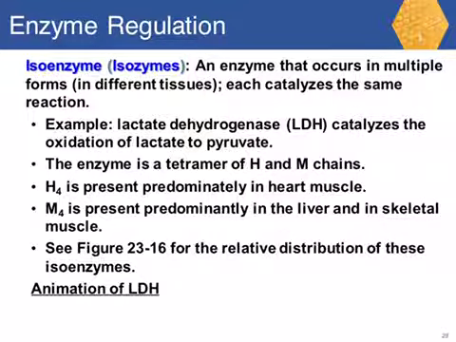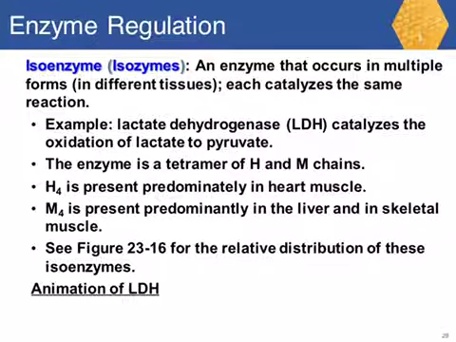Isoenzyme, iso means same, so they're also referred to as isozymes, and this is an enzyme that occurs in multiple forms in different tissues. So think of it as an isomer, right? Iso, same number of hydrogens, carbons, whatever's involved, different shape, depending on the tissue that it's in, but they all catalyze the same reaction.